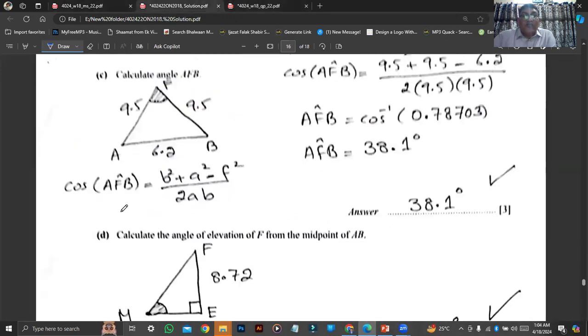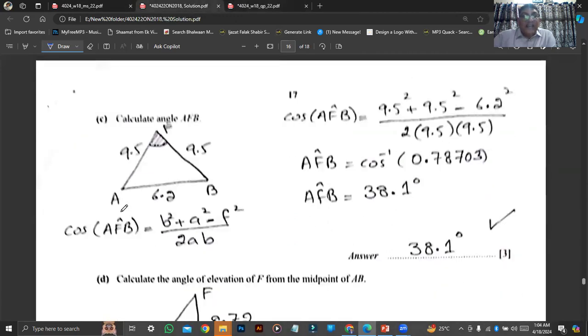I'm going to use the law of cosine, and hopefully this is not that clear diagram. Okay, so I'm going to apply the law of cosine. So cos AFB will be equal to B square plus A square minus F square in the numerator, and in the denominator we will have 2AB. So cos AFB will be equal to 9.5 square plus 9.5 square minus 6.2 square, and in the denominator I will have 2 into 9.5 into 9.5.